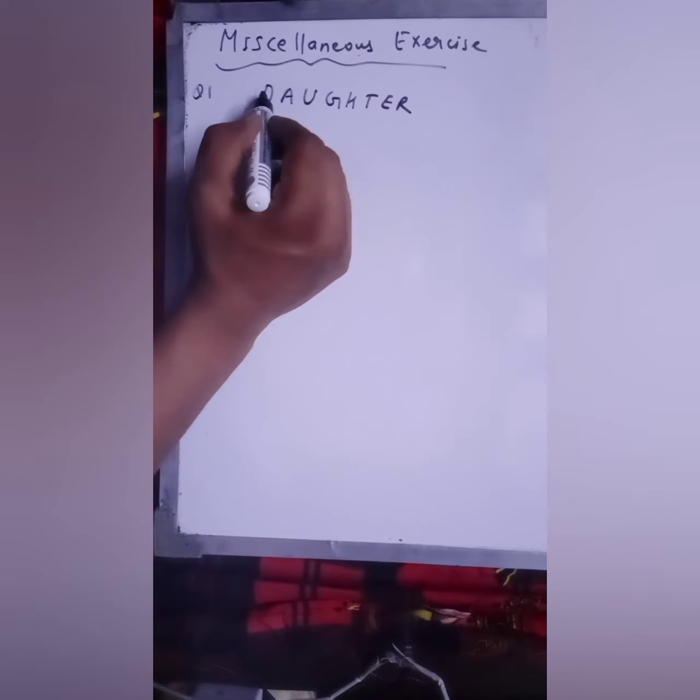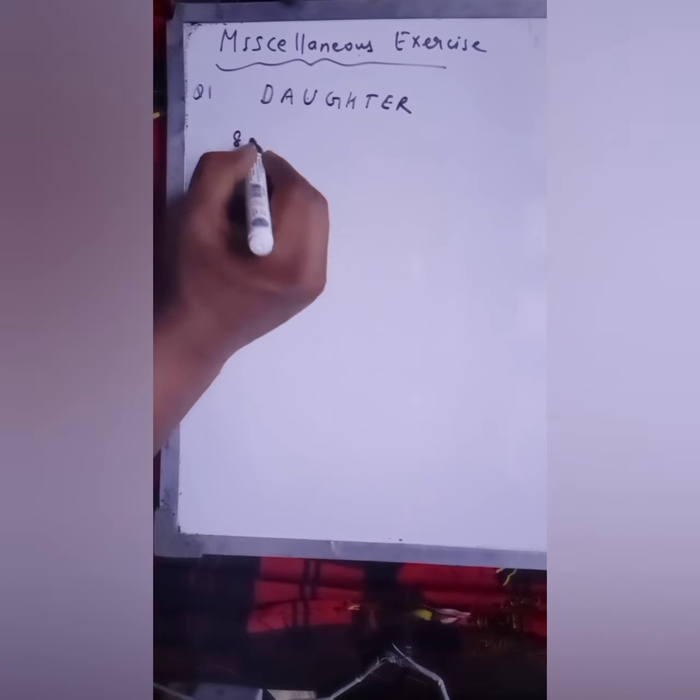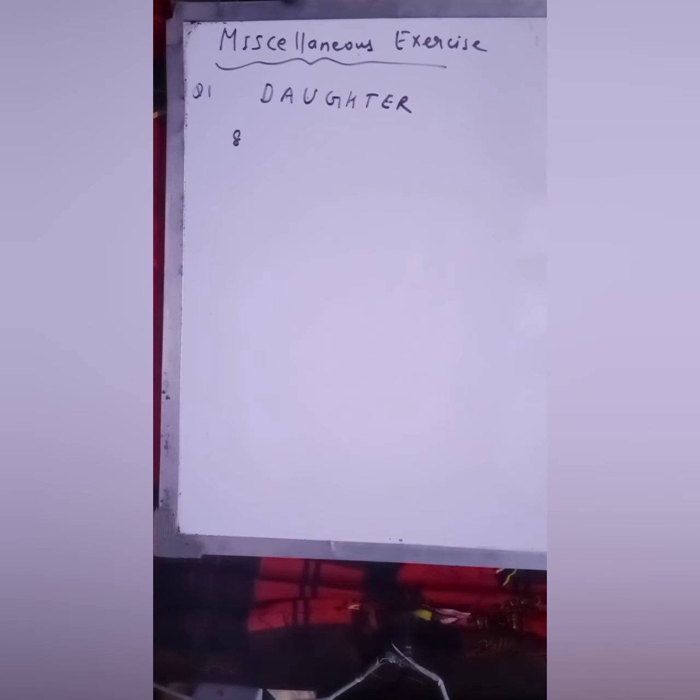It is 1, 2, 3, 4, 5, 6, 7, 8, a total 8-letter word. We have to make the combination of two vowels and three consonants that can be formed from the letters of the word DAUGHTER.